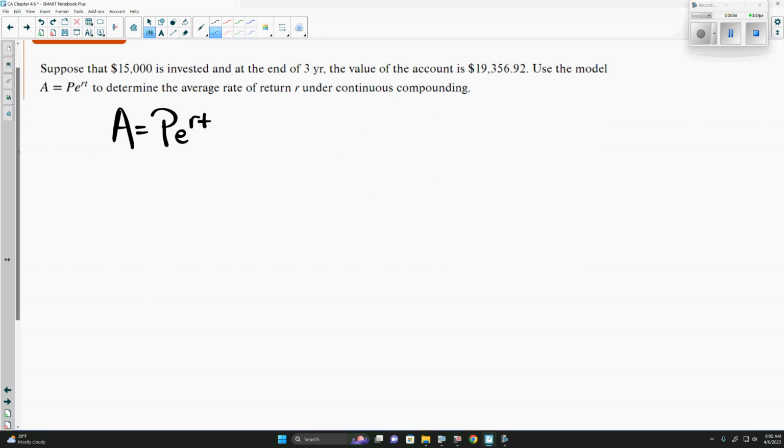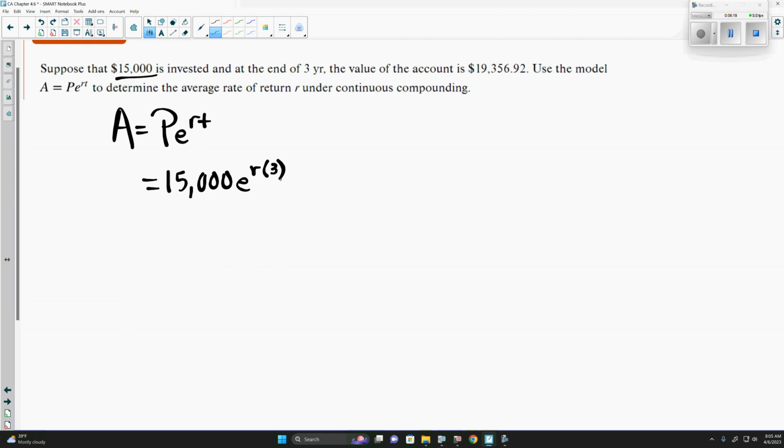Well, this here is our starting equation. Our principal is what we start with, 15,000 e. Our rate is what we're trying to determine, so it's going to be r. But the number of years, our time, is given to us as 3.